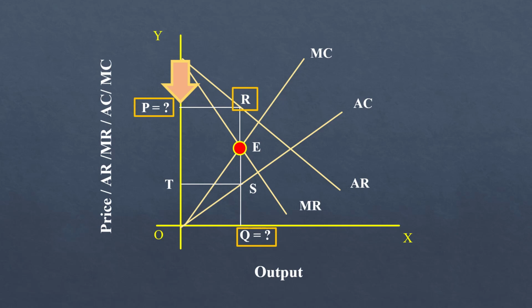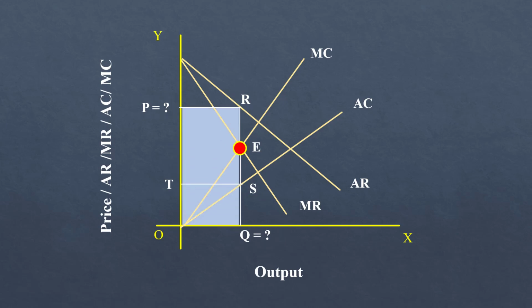To find the profit, we must know the average cost. Move down from point E to the average cost curve. Name that point as S. Draw a horizontal line to the y-axis. Name it as T. Area OPRQ is total revenue.